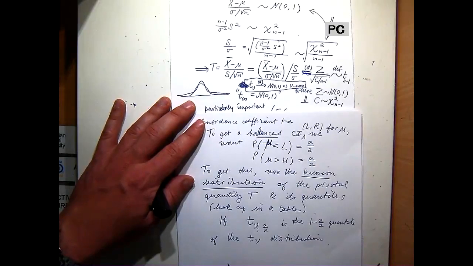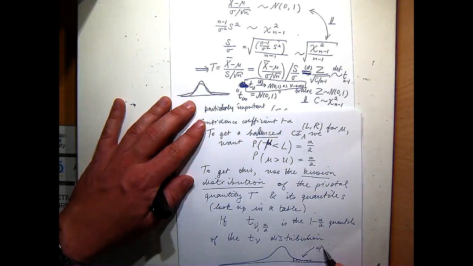Now remember, quantiles are by convention measured from the left. So 1 minus α/2 means that the area to the right of the quantile t_{ν, α/2} is α/2.